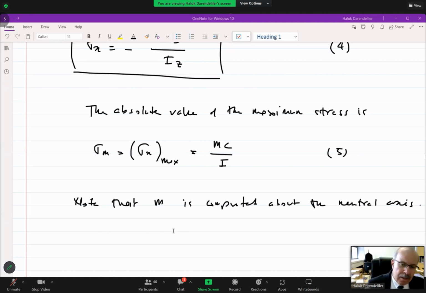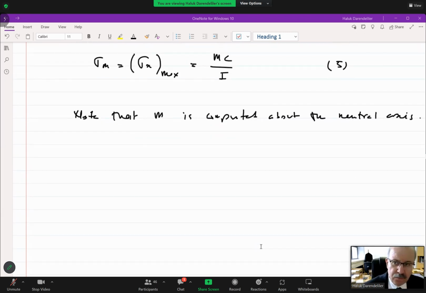Now, this equation 5 is the basic equation for the bending stress. Okay, we obtained this last course. Now, I am going to say a few words about that and then continue with the further problems and derivation. But first, let me add this.